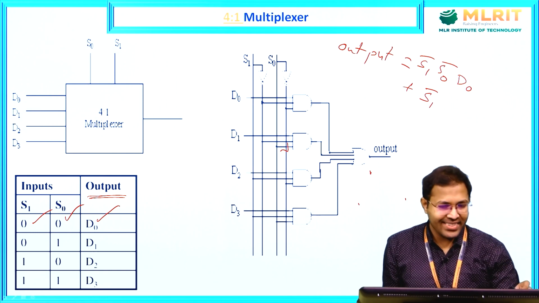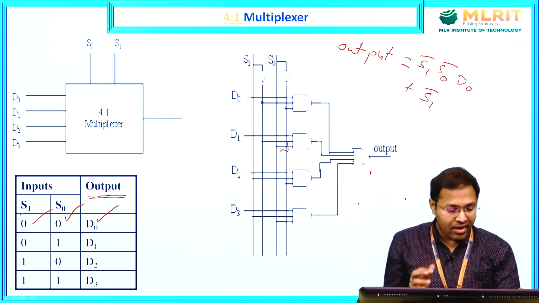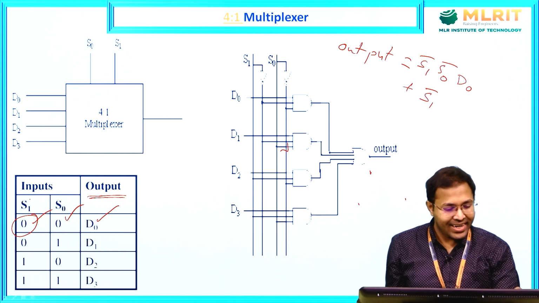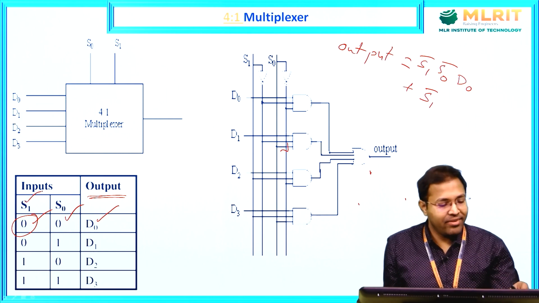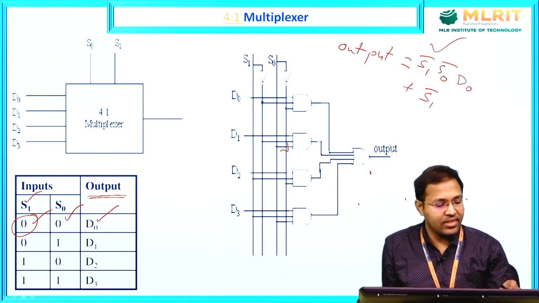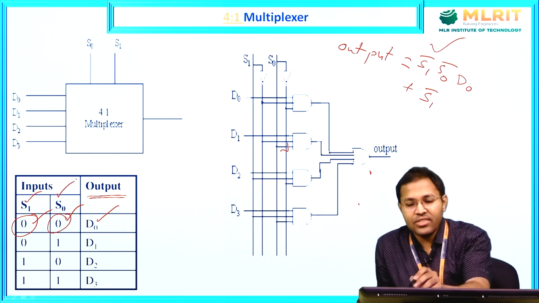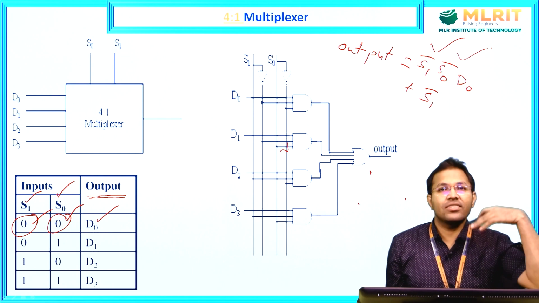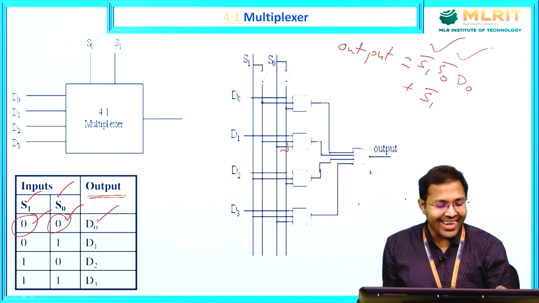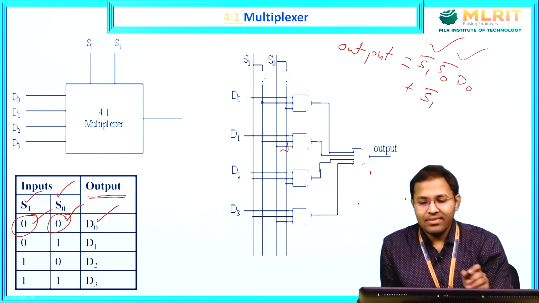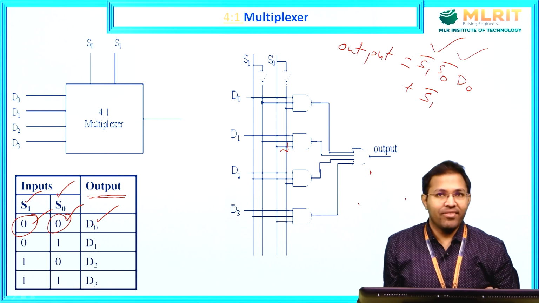Because we have a 0 here, we take S1 bar, and because we have a 0 there, we take S0 bar, the variable in its complement form. Then we have D0, which we take as it is.